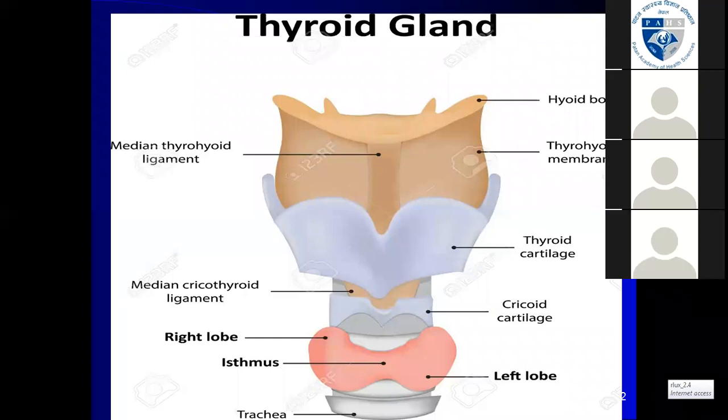In this process, there is iodine oxidation along with organification, and after the organification there is a coupling of iodine and formation of the tetraiodine and triiodine thyroid hormone, and through exocytosis it comes out of the thyroid gland.